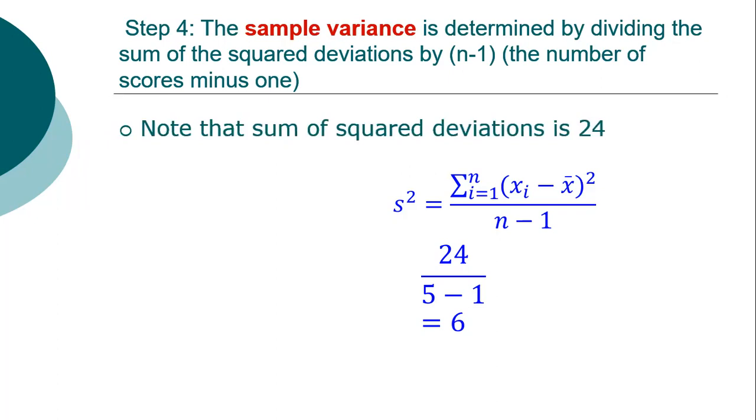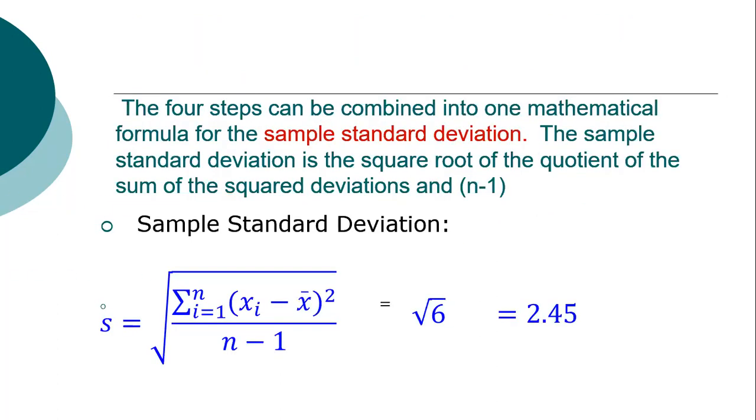So if we compare the two, now, okay, wag muna natin i-compare. Let's solve for the standard deviation or simply S. You just get the square root of that. So square root of 6 is 2.45.